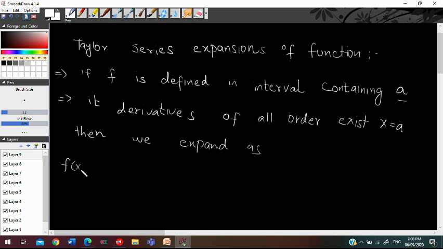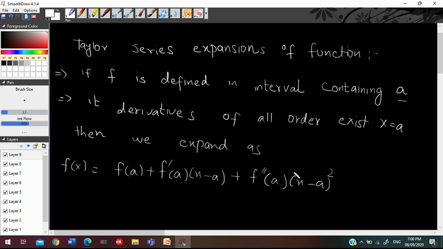f of x is equal to f of a plus f prime of a into x minus a plus f double prime of a into (x minus a) squared. This is the function at this point a. Then this is the first derivative with the first degree of this factor.